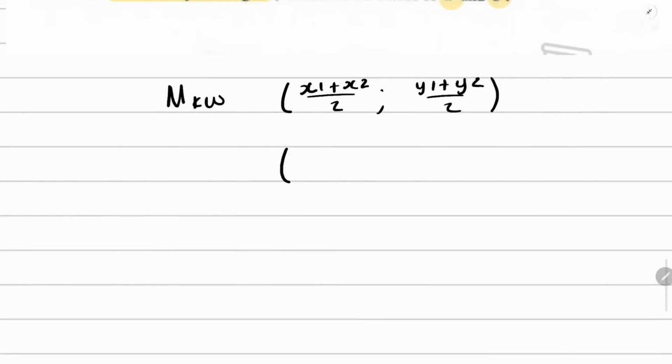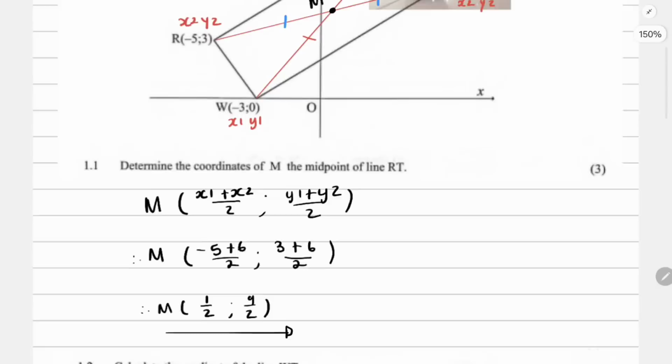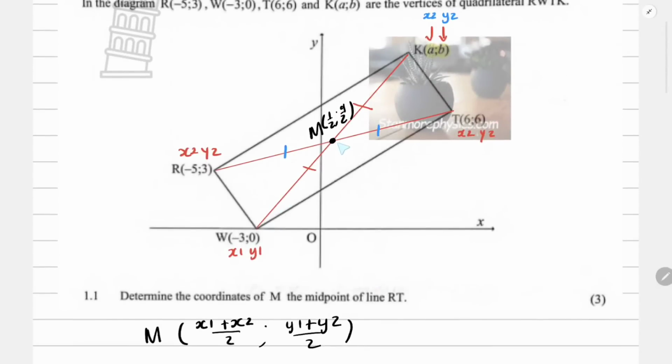We're speaking about the midpoint of the line KW, so we're going to have to use their endpoints. So that is negative 3 plus a over 2 and 0 plus b over 2.